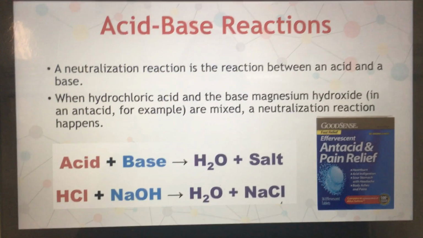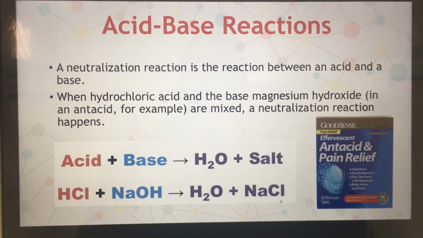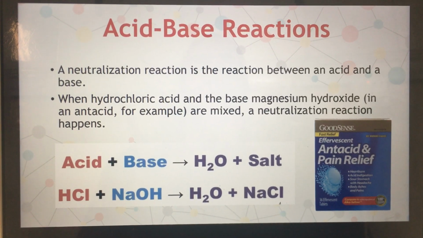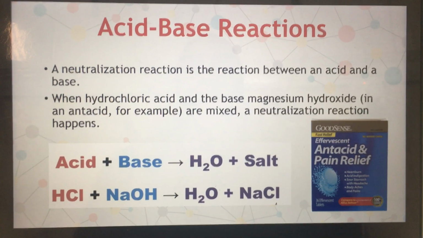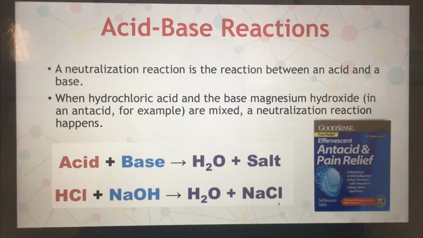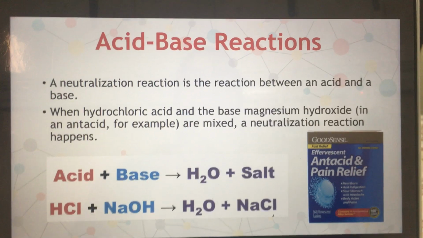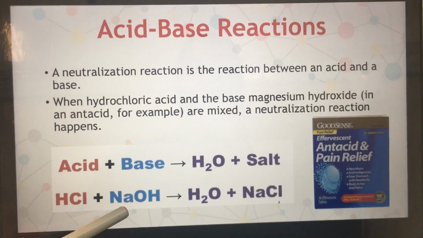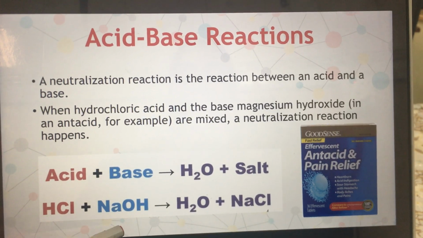What happens when an acid and a base react together? A neutralization reaction will take place. What is the meaning of neutralization reaction? Suppose that we have two substances. One is a strong acid like hydrochloric acid, the other is a strong base like sodium hydroxide. So we have a strong acid and a strong base.